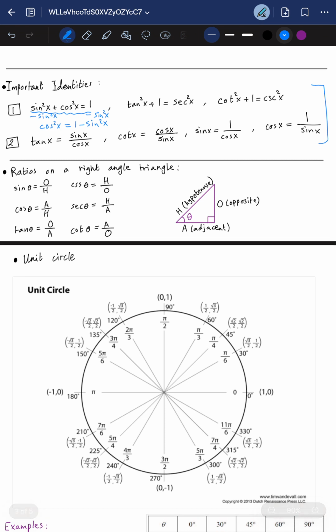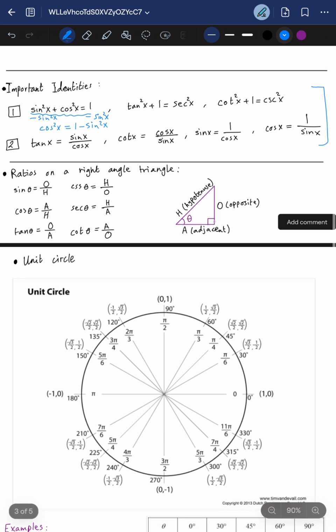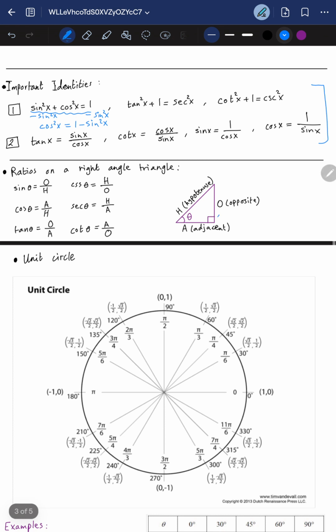Also make sure to remember that if we have a right angle triangle, which means I have an angle of 90 degrees in the triangle, we have some ratios for the trig functions. So a hypotenuse, just keep that in mind. If I have a 90-degree angle, the hypotenuse is always the side opposite it.